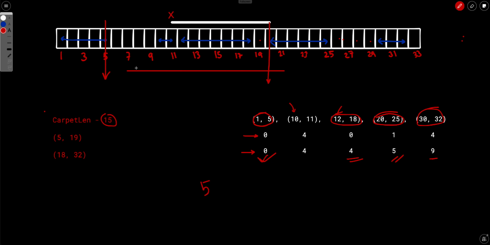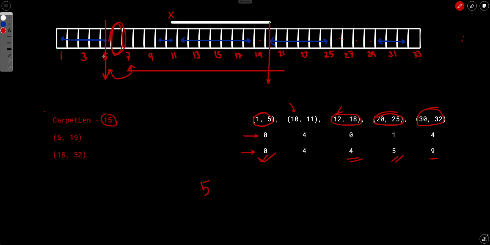But because it is not actually starting at 5, there can be cells which are not considered in this carpet, right? So we have to take care of these scenarios by calculating the total number of uncovered cells, and then subtracting the uncovered cells in this range.